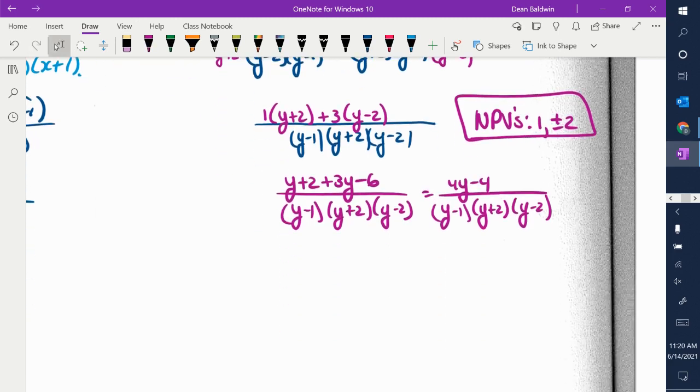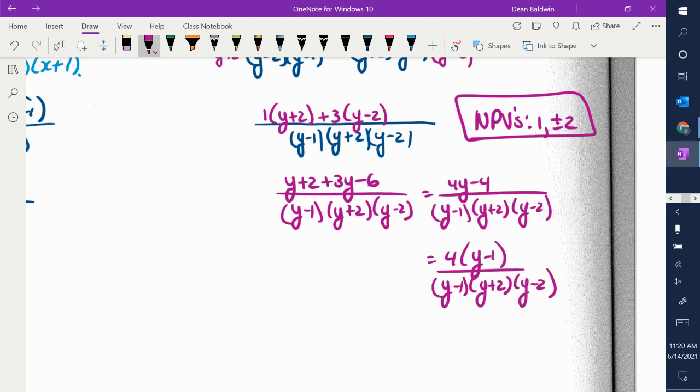So I get that. So factor out a 4. So this has a common factor of 4. So I can pull that out. What can I do now?